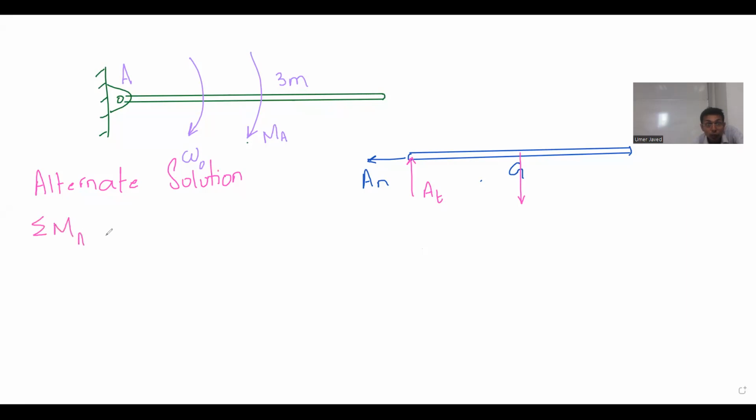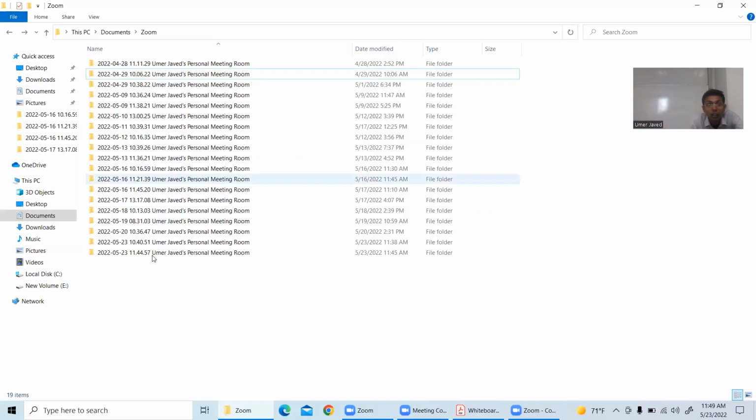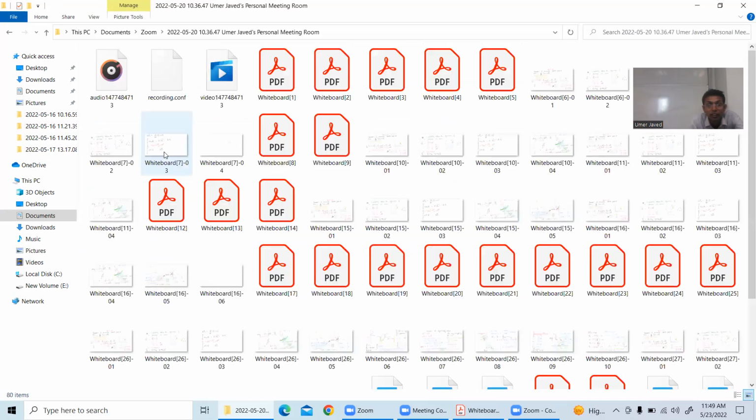Summation of moment about A equal to IA alpha. Okay, what is this alternate solution? Last time, this is what we did. If I remember correctly, when was the class last time, by the way? 20 or 19? 20, I think.